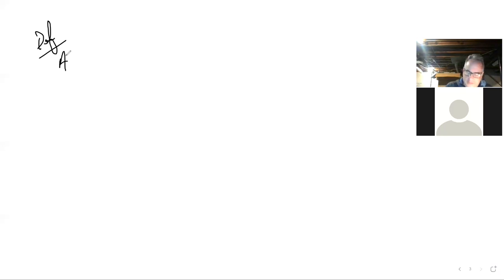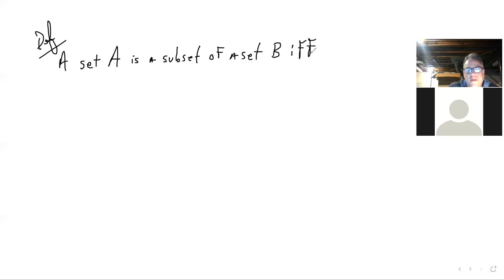So I'm going to use a capital A. A set A is a subset of a set B. All right. And I've got this word, I did not misspell the word if.